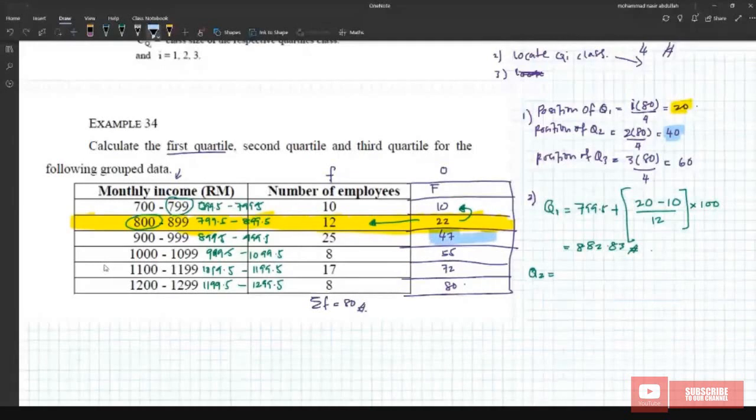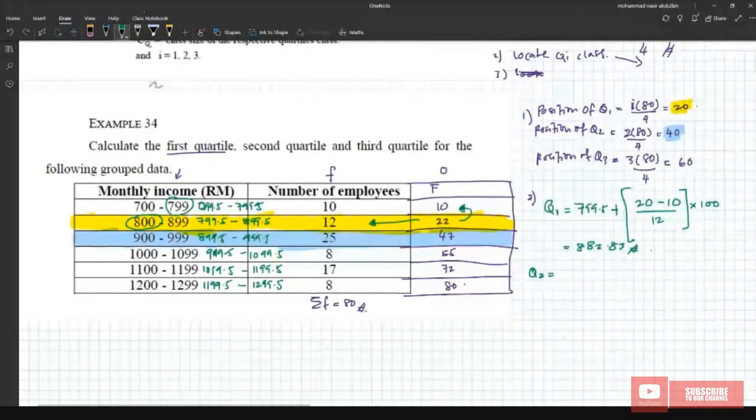So the blue color is the class for quartile number 2, also equal to the median class. So the blue highlight is the class for quartile number 2.